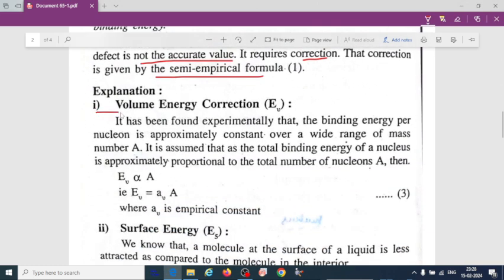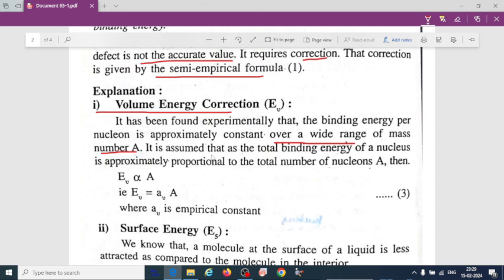The first correction term is the volume energy correction. It has been found experimentally that the binding energy per nucleon is approximately constant over a wide range of mass numbers. For volume, we have to take the mass number.